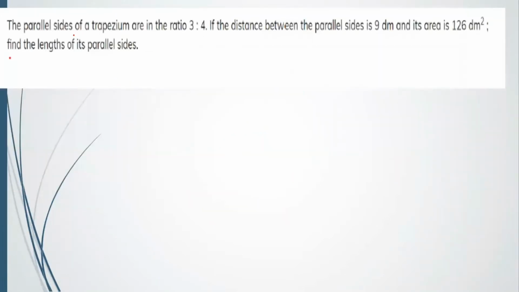Let's take another question. The parallel sides of a trapezium are in the ratio 3:4. If the distance between the parallel sides is 9 decimeters and its area is 126 decimeters square, find the length of its parallel sides. So let us draw a trapezium. If the parallel sides are given in the ratio 3:4, let us take this side as 3x and this side as 4x.